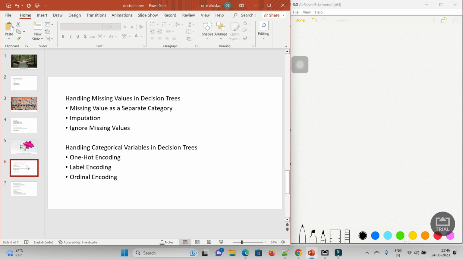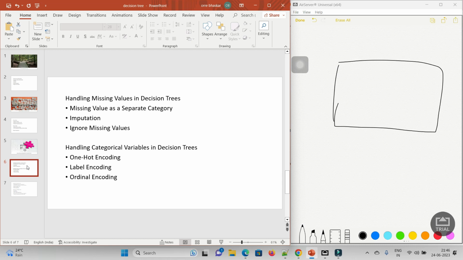Next, they handle both categorical and numerical data. We have seen how to handle the categorical data previously. They can also handle numerical data. Next, nonlinear relationships. Decision trees can capture nonlinear relationships between the features and target values by recursively partitioning the data into subsets.